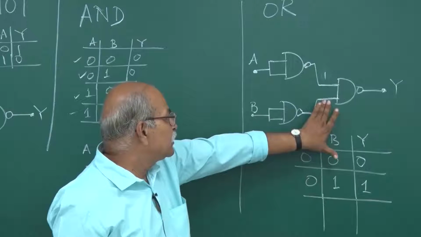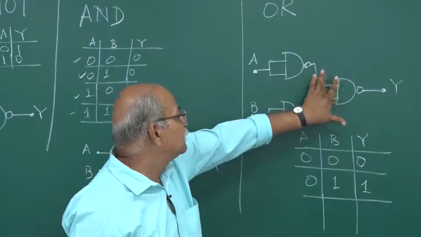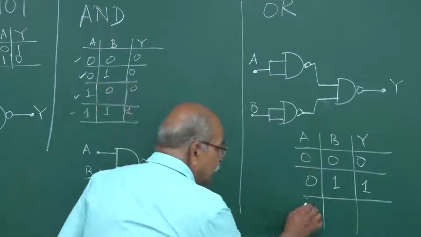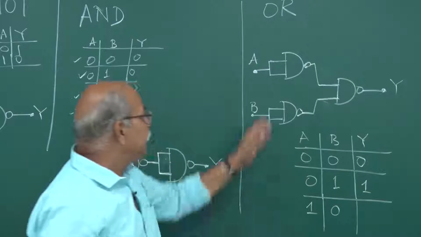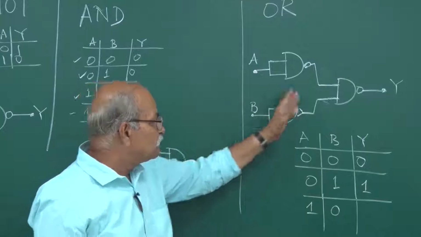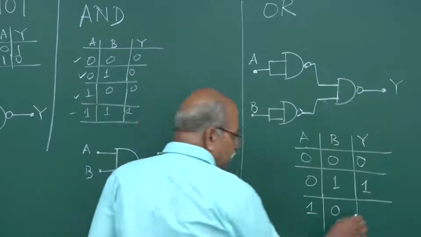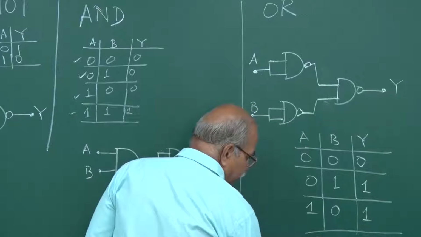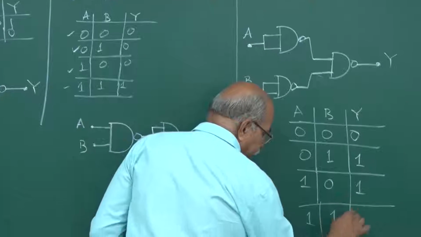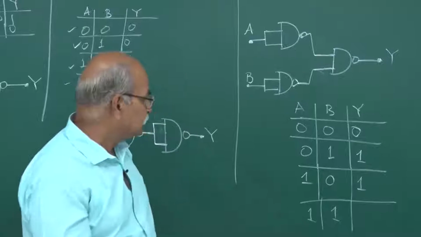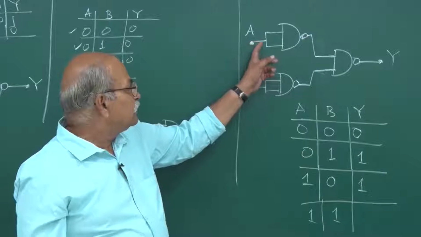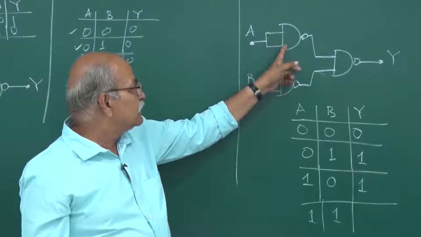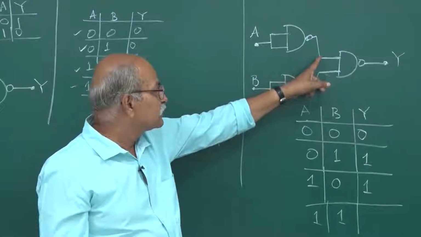Okay, and same story, if you give 1 here and 0 here, A becomes 1, B becomes 0, similarly this will be 1. And finally, if both are 1, if this is 1, then 1 here, 1 here, 1 here, 0 here, so this is 0.